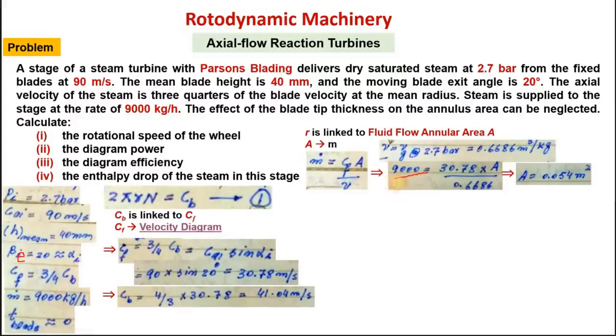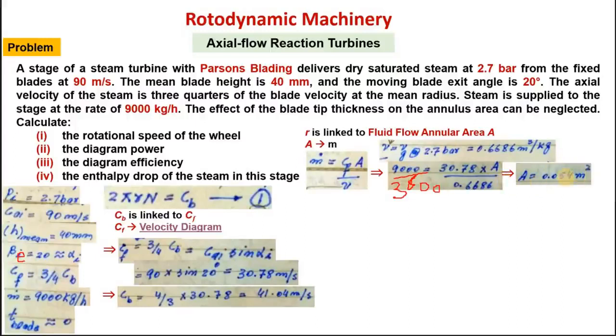This 9,000 has to be divided by 3600. So then you will get this answer. Area is equal to 0.054 meters square.